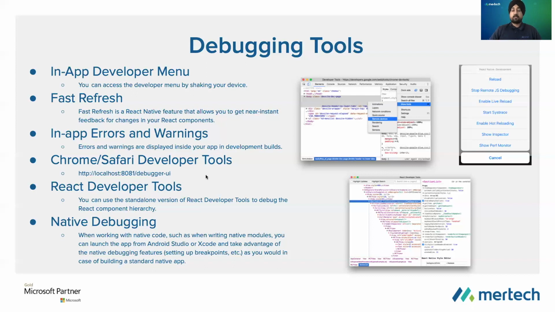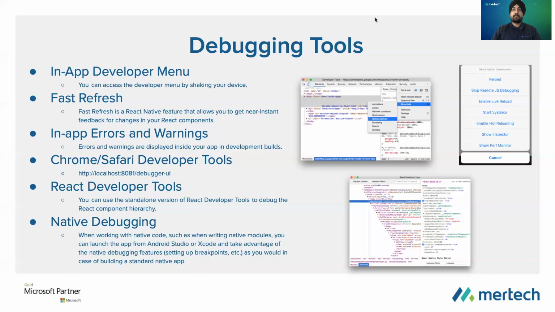This allows us to look at even more in-depth error handling, for some problem that we can't figure out by simply using the Chrome developer tools, or when the errors or warnings aren't giving us a sufficient amount of information and we want to go into some native logs. We can do that by using Xcode on iOS to look at and monitor the logs for our application. So these are a few debugging tools, and now let's get back into the application and actually use the in-app developer menu.